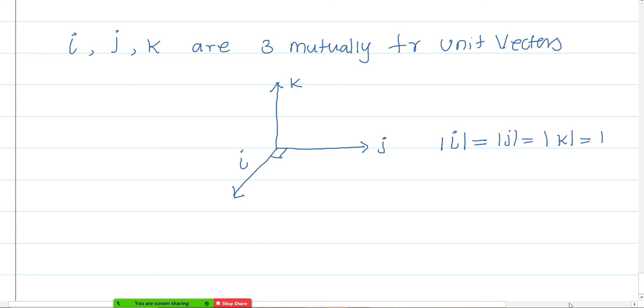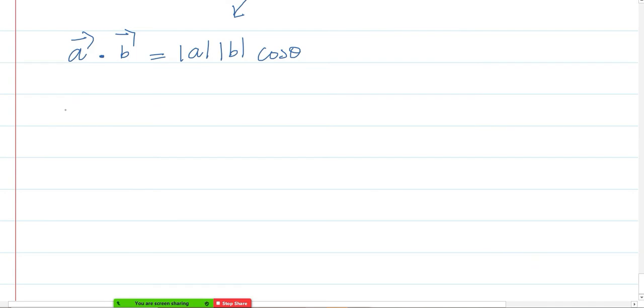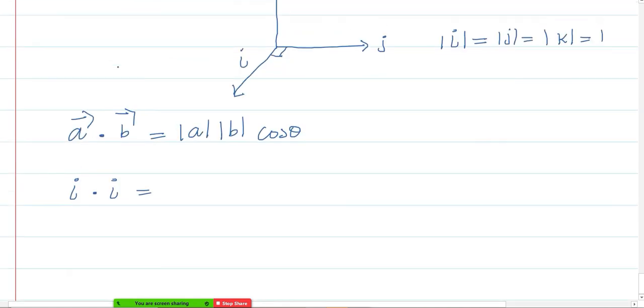Now let us use this dot product definition for these three vectors. A vector dot B vector is mod A mod B cos theta, right? So here let us use I vector dot I vector. Let's see what answer we get. Instead of A and B, here we are multiplying I vector by the same vector.